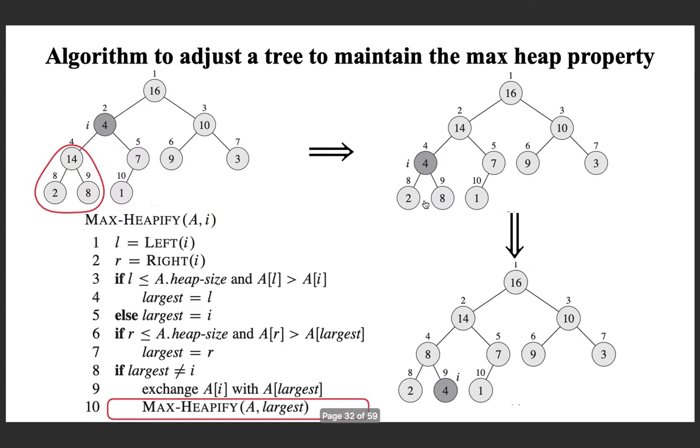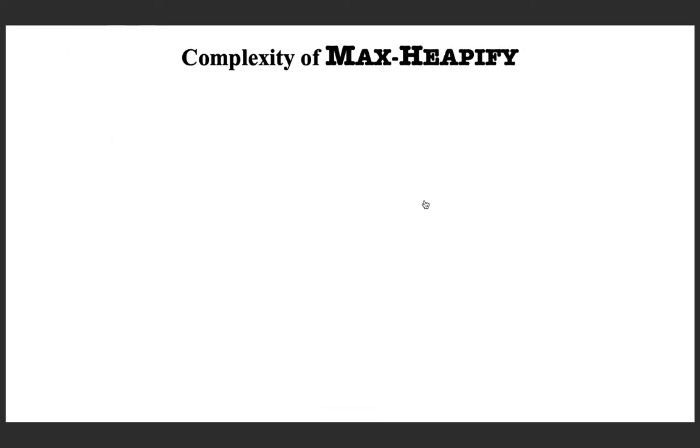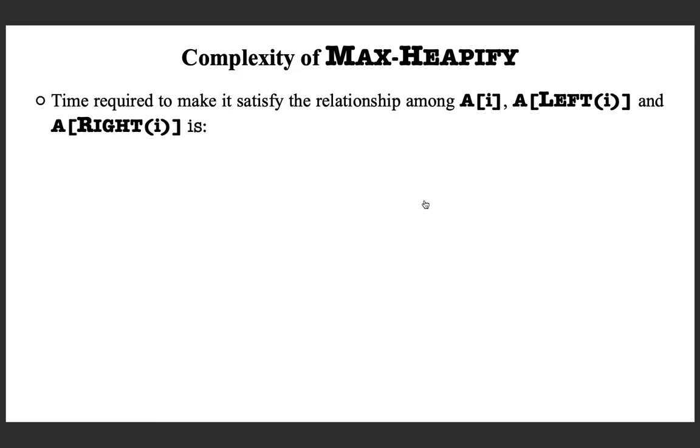Now we are going to see what is the complexity of this algorithm. You can see that you have to find the time required to make it satisfy the relationship among the given index, its left child and its right child.